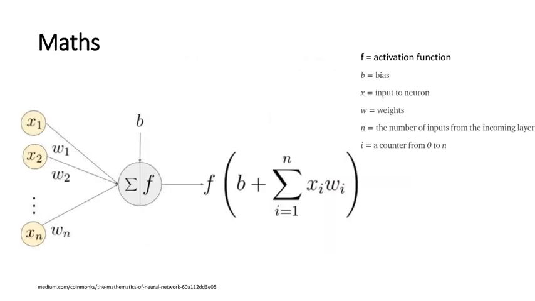The math behind all this is vector, matrix and array calculation: you have the x, the input data, you multiply it with the weights, then you add the sum to the bias, the offset, and you apply the activation function.